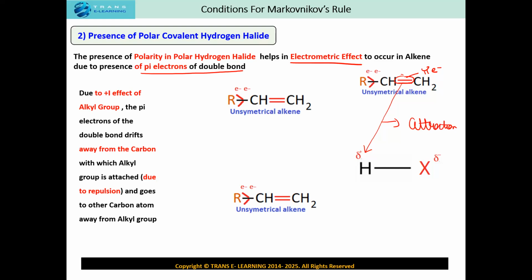The first thing is that in the case of the hydrogen halide, heterolysis will take place. I'm going to explain that, and the hydrogen will acquire the positive charge. It will become an electrophile, and the halogen will acquire the negative charge. It will have the shared pair of electrons towards it and it will become a nucleophile. So this will be an electrophile and this will be the nucleophile, right?